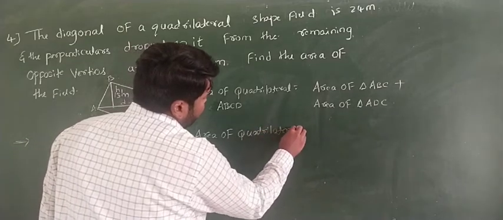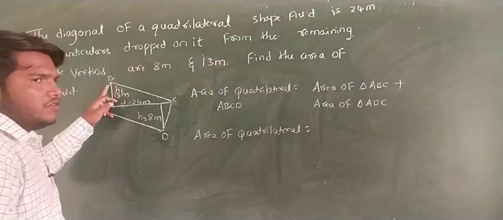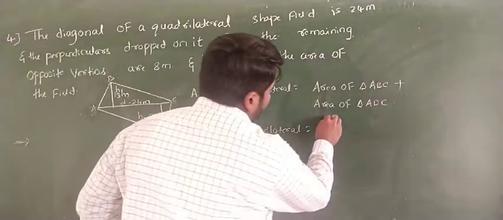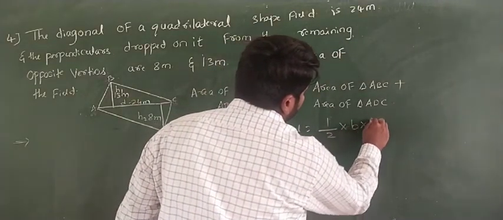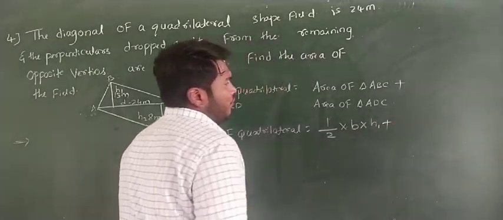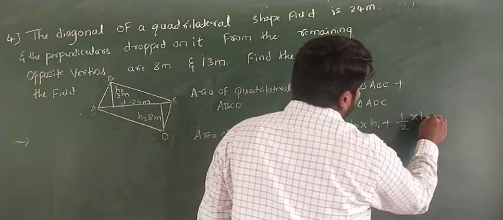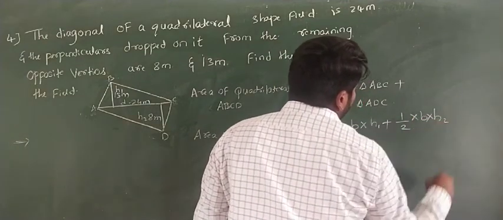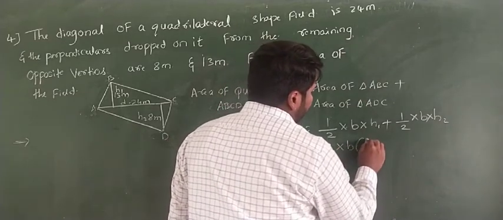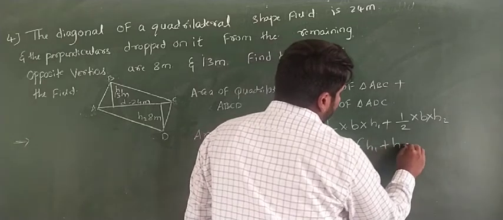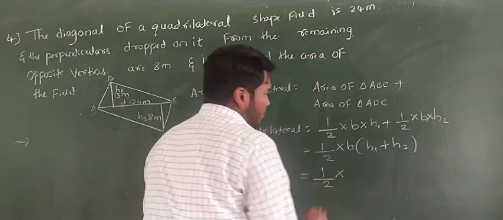The area of quadrilateral is equal to, you already know the area of triangle ABC. Area of triangle ABC is half into base into height, that is half into base into h1 plus area of triangle ADC, that is half into base into h2. So what is common? That is half into B into h1 plus h2. So that is half into B. What is your B?